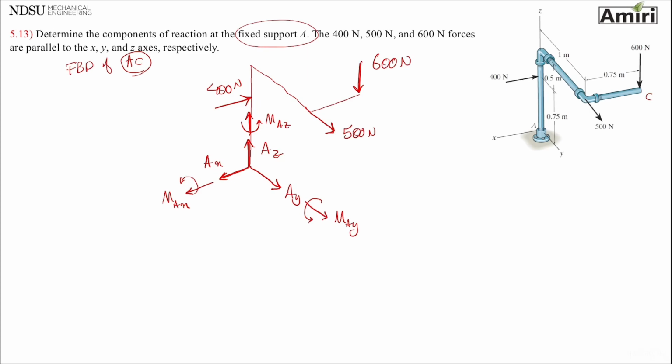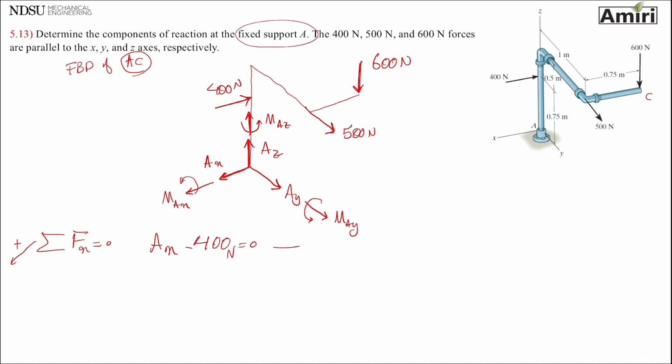Okay, so let's start with forces. I have summation of forces in X direction being 0. Anything that points this way is going to be positive. So I have AX. The only other force that I have that points in X direction is the 400, and that is pointing away, so that's negative 400 newtons.